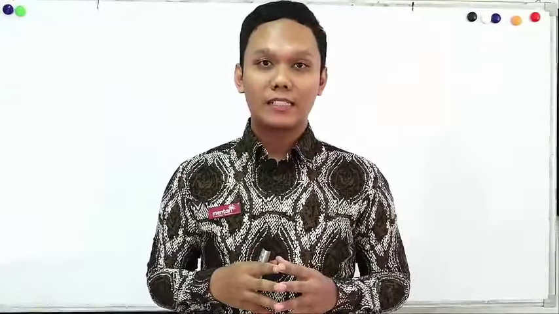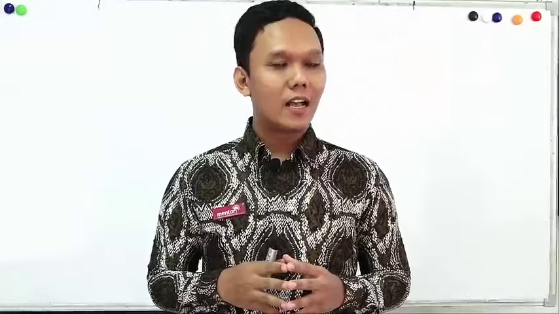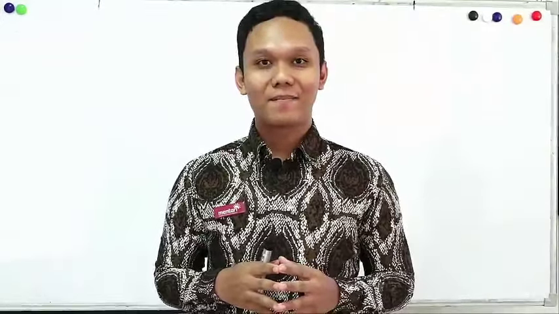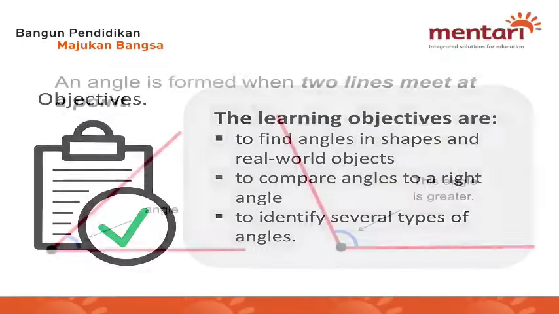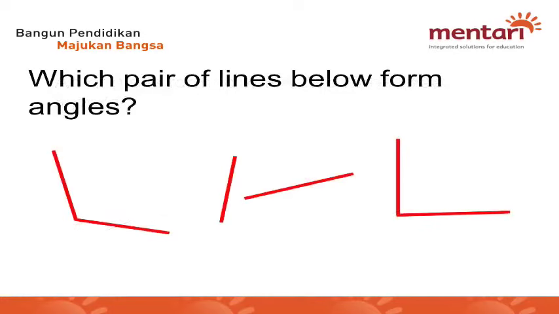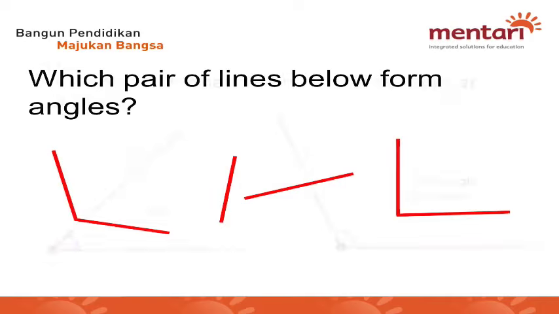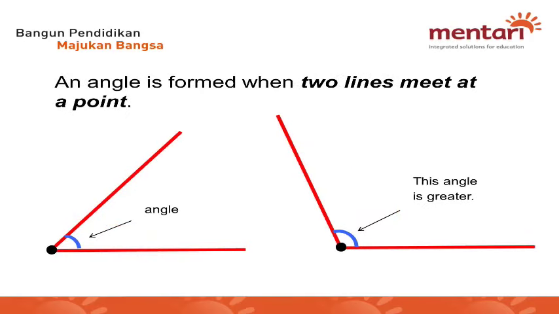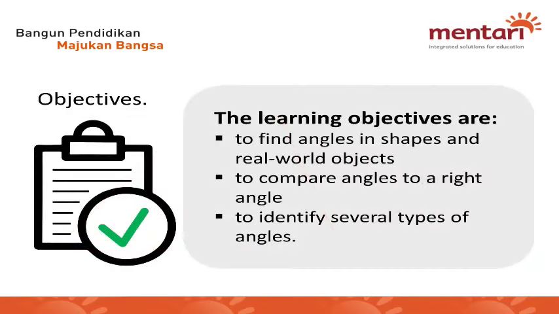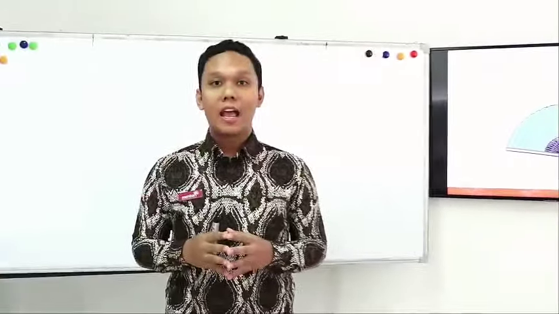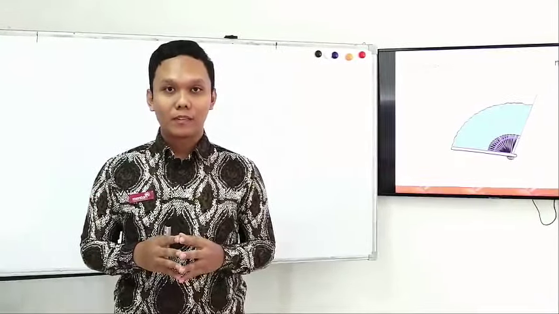The first example is a kite. Do you see that a kite has angles? And the second example, what is this? It is a hand fan, and a hand fan has angles.